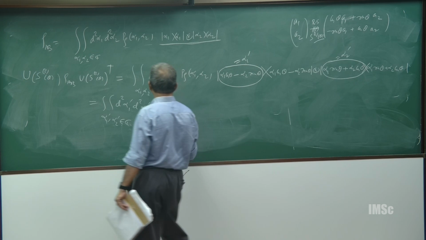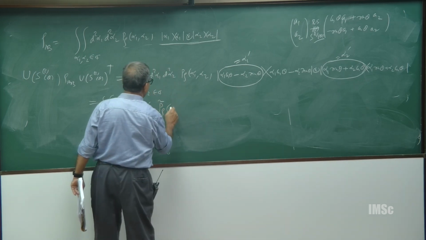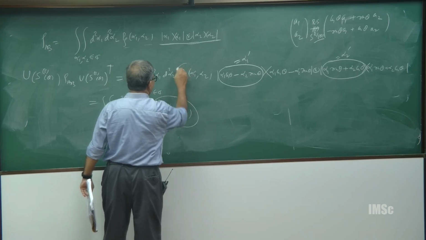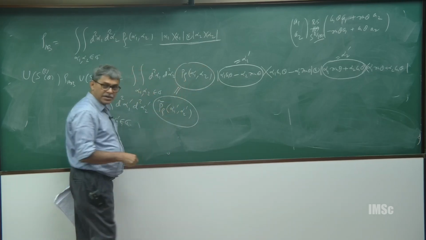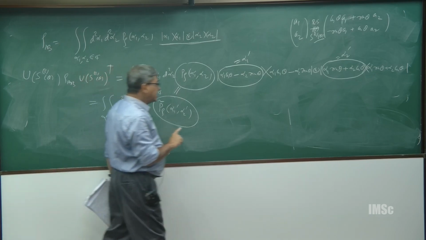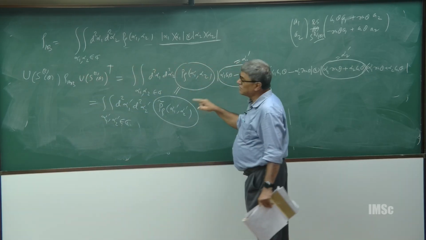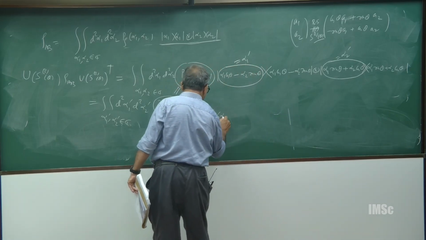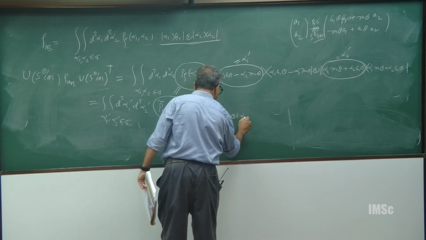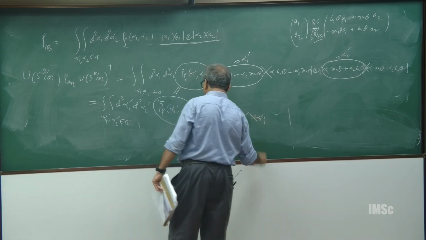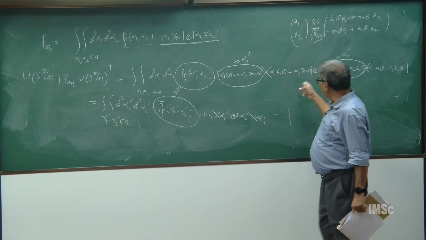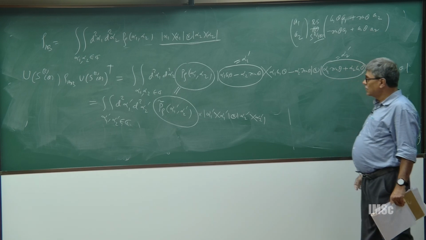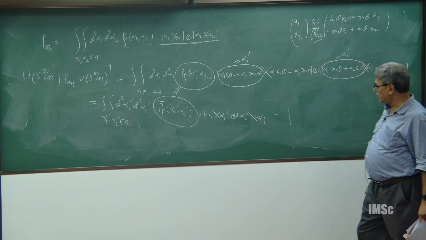So, therefore, let me call these p tilde alpha 1 prime alpha 2 prime. This is actually the same as this, I am only re-expressing it in terms of alpha 1 prime and alpha 2 prime, multiplied by alpha 1 prime alpha 1 prime, then alpha 2 prime alpha 2 prime. Is this clear? This does not change the Jacobian, because this is a rotation. The Jacobian will basically be 1.